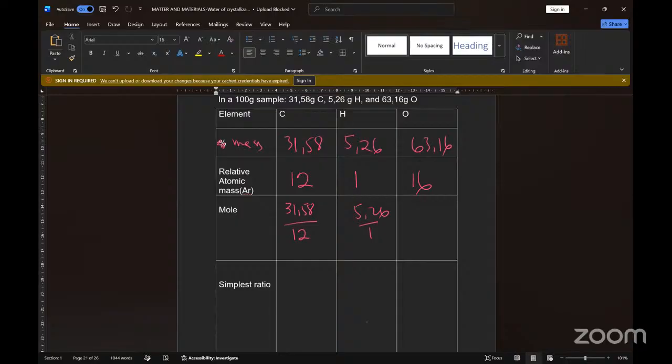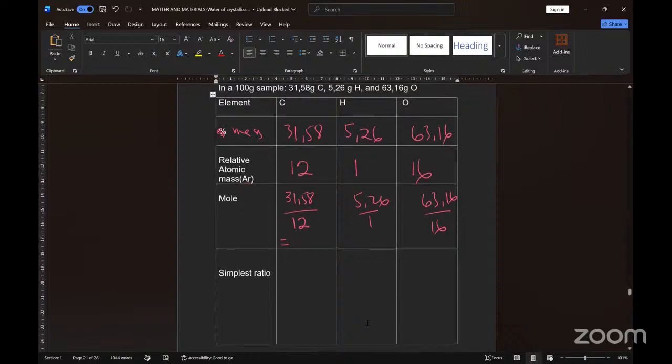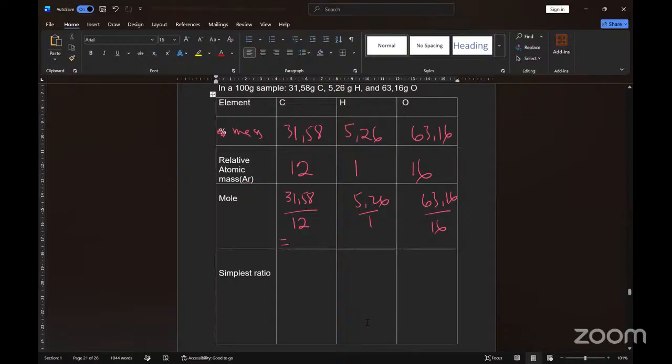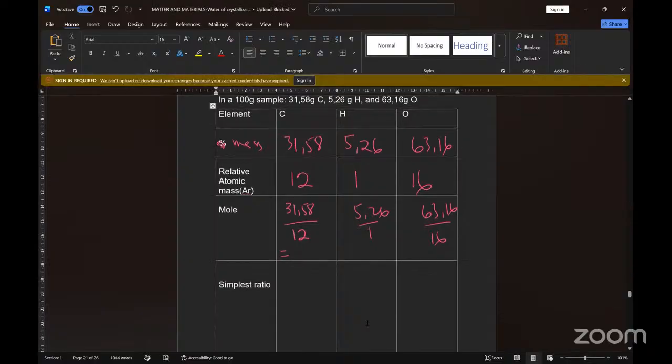And then this one is going to be 63,16 divided by 16. So we use our calculators to find what we are dealing with. So this is 31,58 divided by 12.